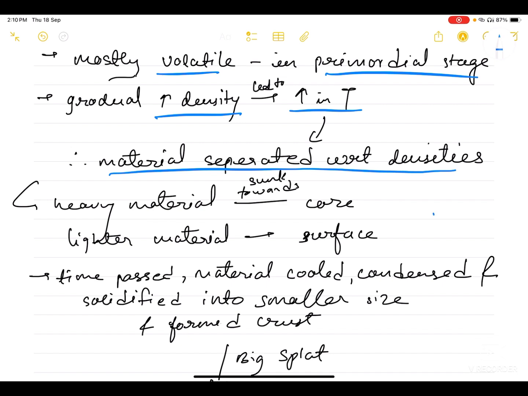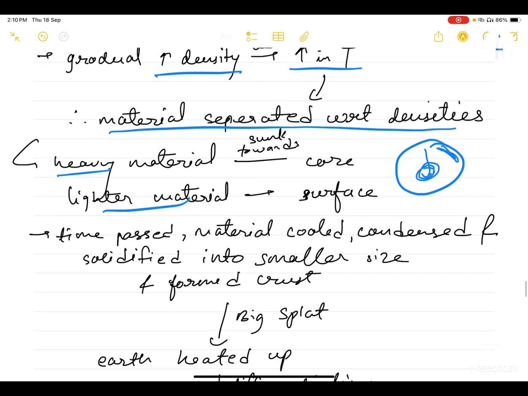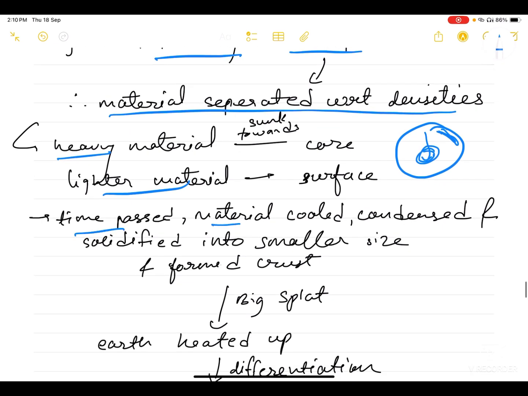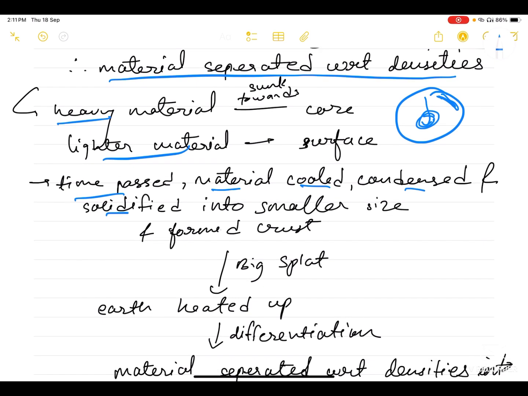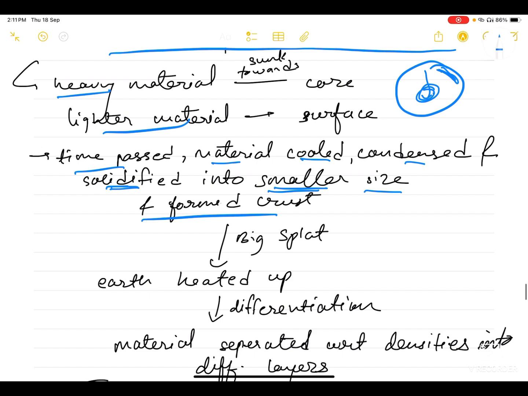The heavy materials started sinking towards the core, while the lighter material remained on the surface. As time passed, material cooled, condensed, and solidified, and as they turned into smaller sizes, crust formed.